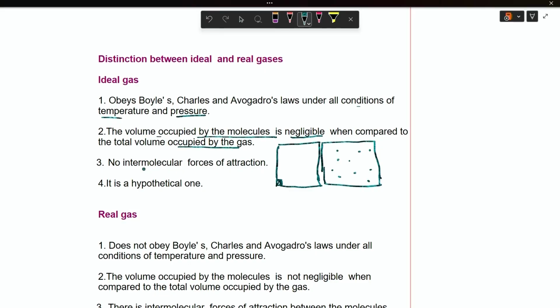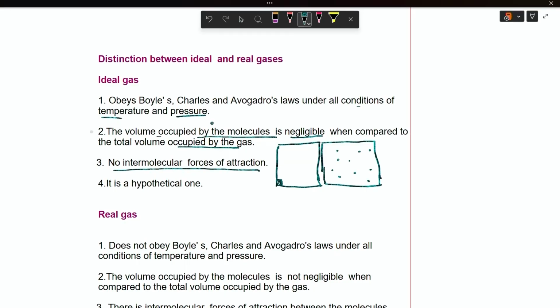These two points are very important, because when we go to deviations from gas laws, we will have to take these two points into consideration. And the last one, it is hypothetical, just a theoretical one. You can say there is an ideal gas, but there is no example for that. There is no gas which obeys Boyle's law, Charles' law and Avogadro's law under all conditions of temperature and pressure.